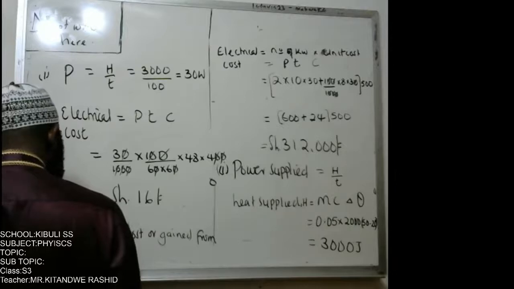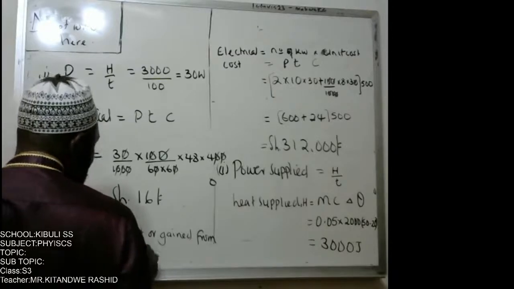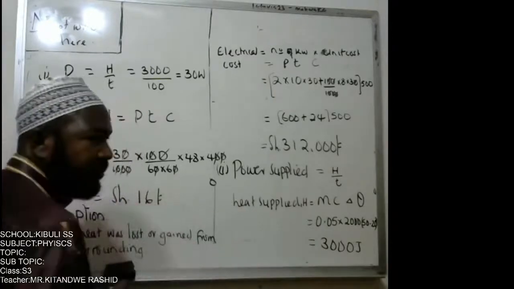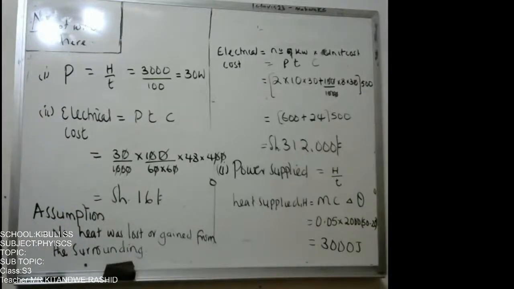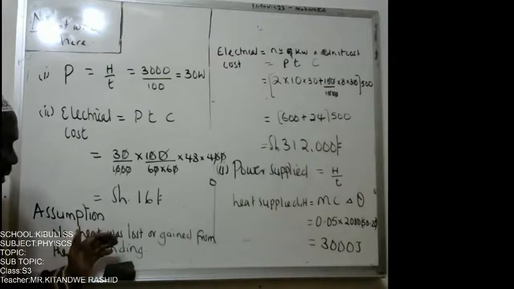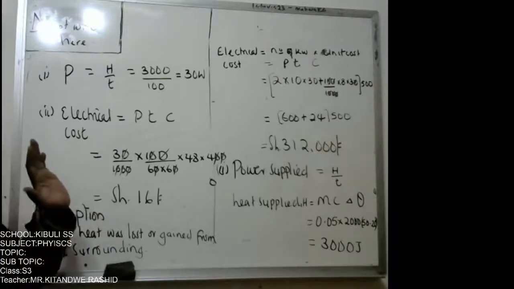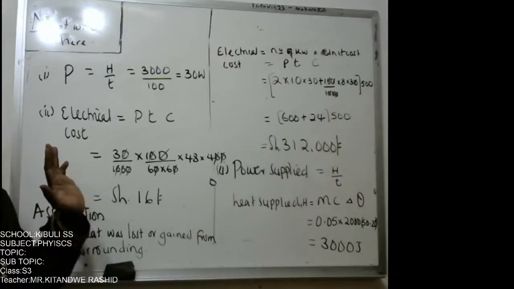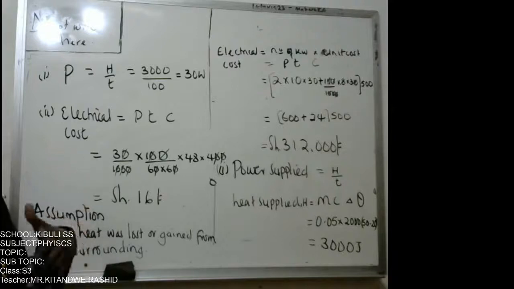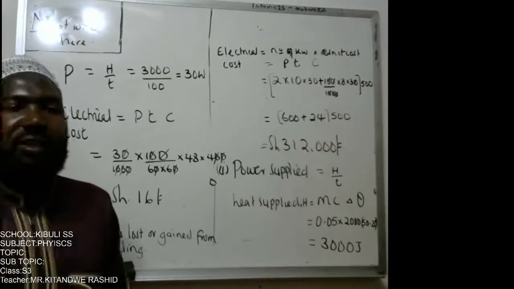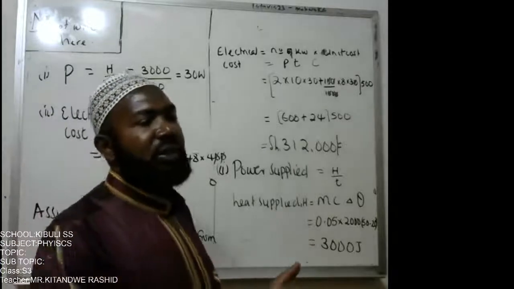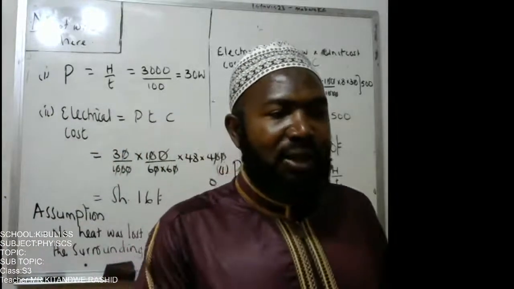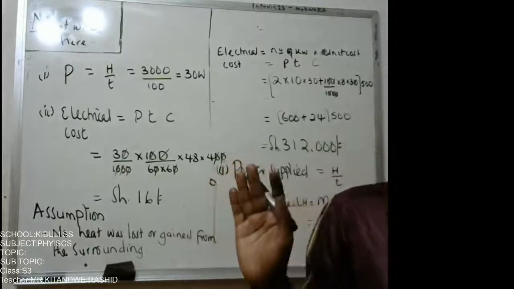That is what you assumed, such that the only heat you are using is that one. You assume that there was no heat lost or gained from the what? From the surrounding. It is the same explanation: assuming that all the heat we supplied was all used, and none was lost or gained from the environment.